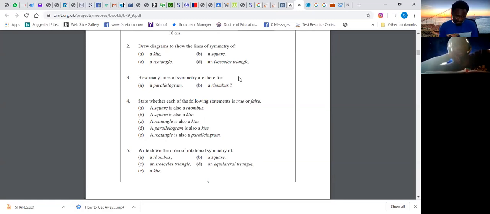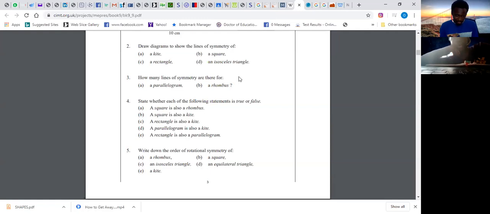Do you agree? False. A parallelogram is also a kite. False. A rectangle is also a parallelogram. True. Yeah, good.